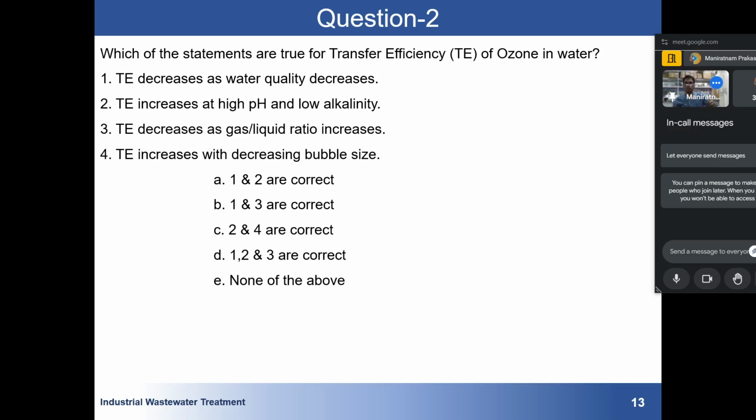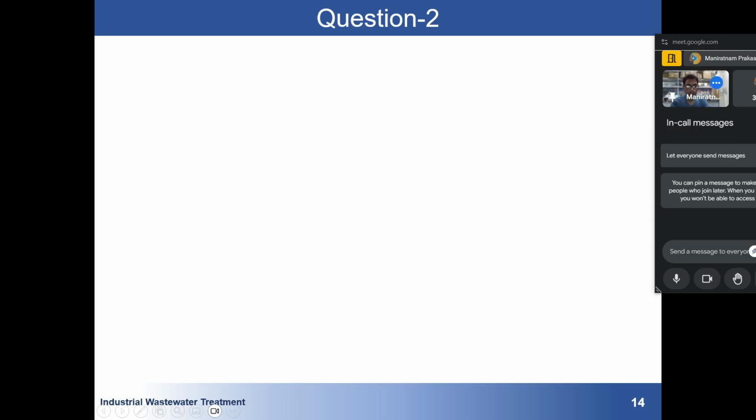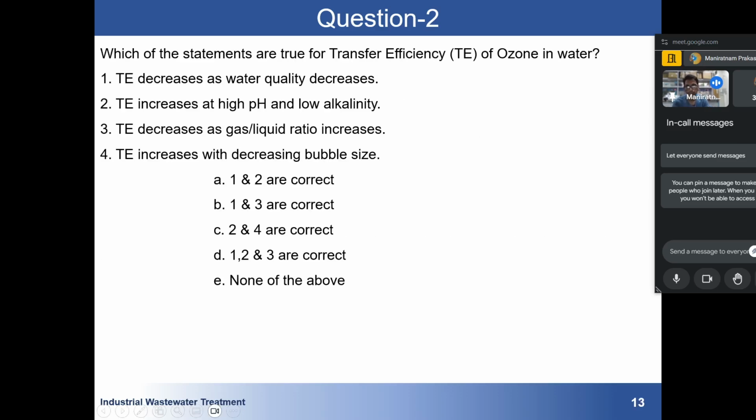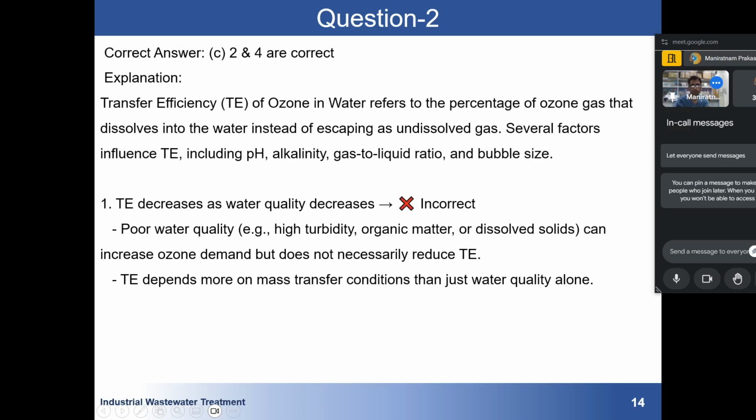Which of the statements are true? Anyone with any answer? No, okay, no problem. The correct answer is C, that is, 2 and 4 are correct. 2 is that TE increases at high pH and low alkalinity, and 4 is that TE increases with decreasing bubble size. We will look into this.